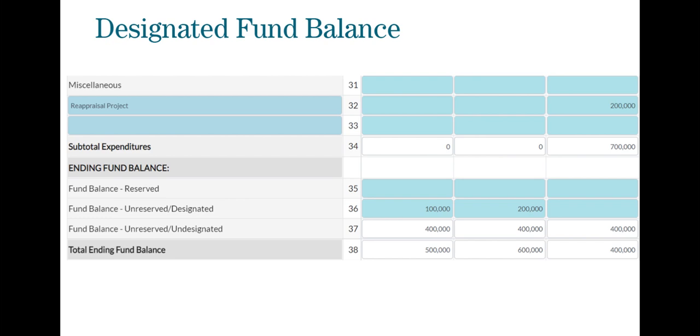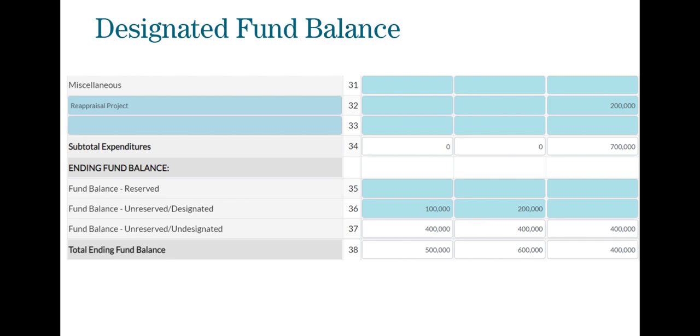Maybe it was unanticipated revenue or things just cost less than what you anticipated, et cetera. So you have some money at the end of the year that is just simply excess resources. But then you also have some money that maybe you've been saving and you've set aside for a particular reason.